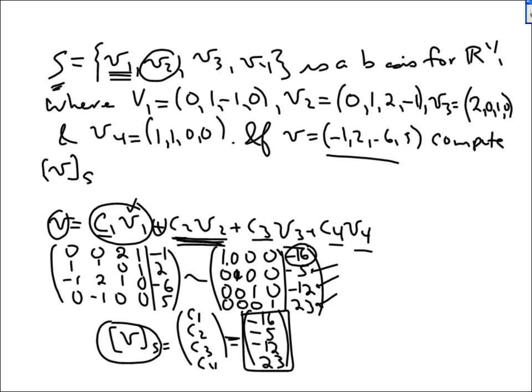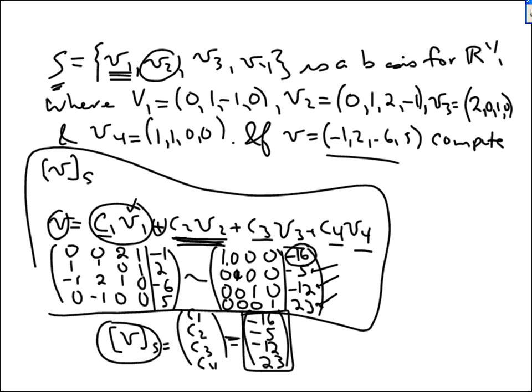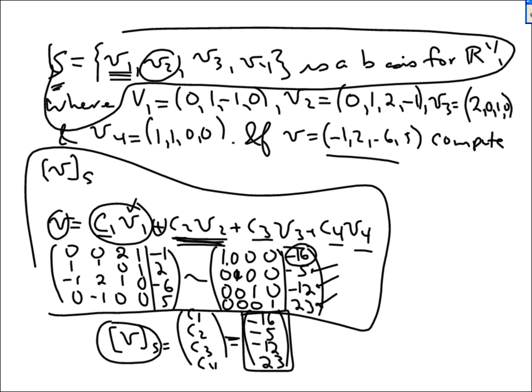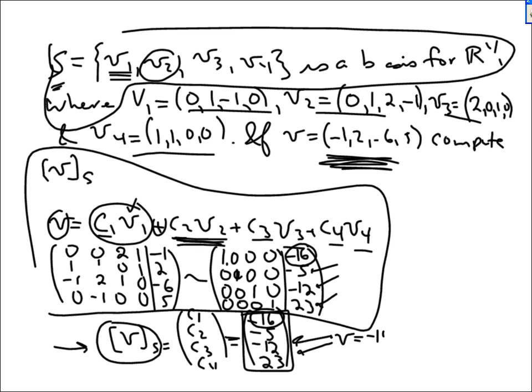Now, forget everything that is boxed. That is, if you're given that the coordinates for vector V with respect to basis S is equal to this, and you are given the 4 vectors, I didn't box those, then you can say that vector V, that is this vector right here, is equal to -16 times the first vector minus 5 times the second vector minus 12 times vector 3 plus 23 times vector 4.